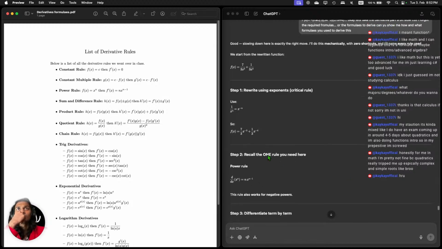Recall the one rule you need here. Power rule, okay. F of x equals x raised to n, then f dash x equals n x raised to n minus 1. So you take the 3 out, so it's going to be minus 3 times 7 by 3 x raised to minus 4.